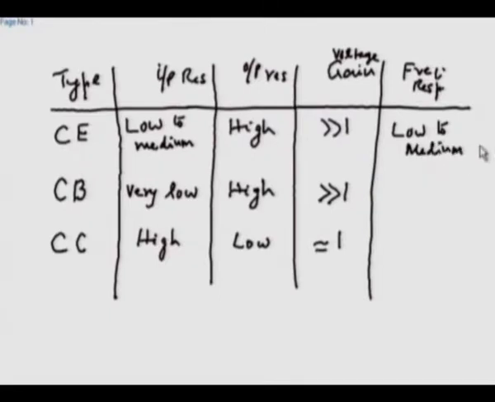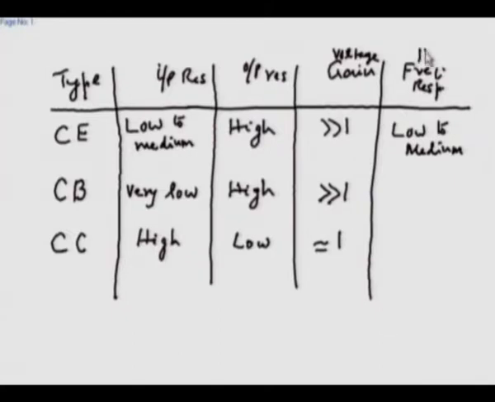What we mean is that typically in a common emitter amplifier the high frequency cutoff would be of the order of say 1 megahertz or so, and most of the time you do not even get 1 megahertz, typically 100 kilohertz, 200 kilohertz, that kind of order. So that is what we mean by low to medium high frequency response.